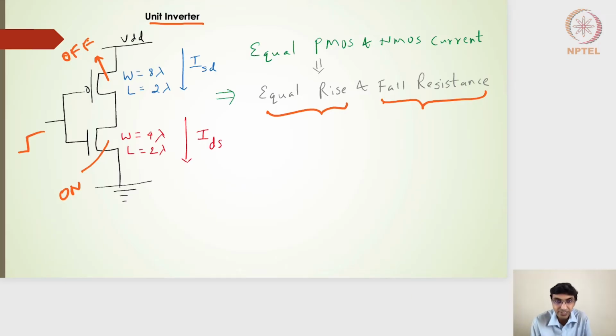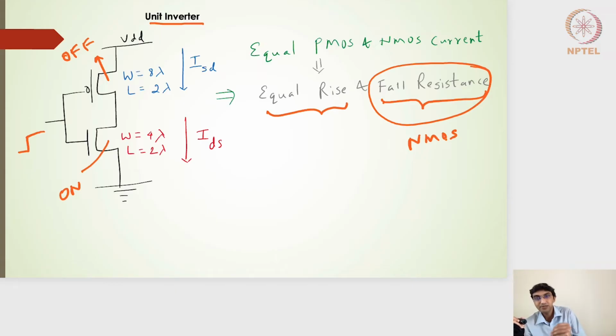So I will utilize the NMOS current, IDS current, and then calculate the propagation delay. Similarly, we had seen that the switching resistance, which we calculate using the NMOS transistor, because that is the one which is operating and discharging the capacitor and bringing the output node voltage to 0, will give me the fall resistance. Whatever is the current of the NMOS will help me in establishing the fall resistance of the NMOS transistor.